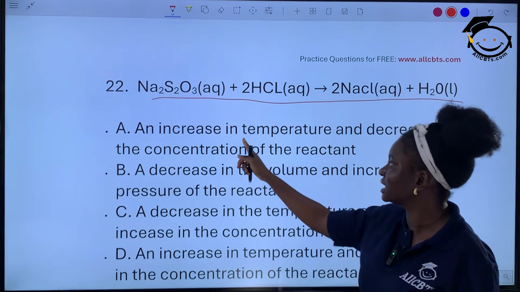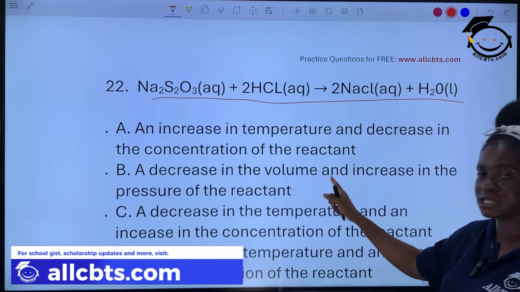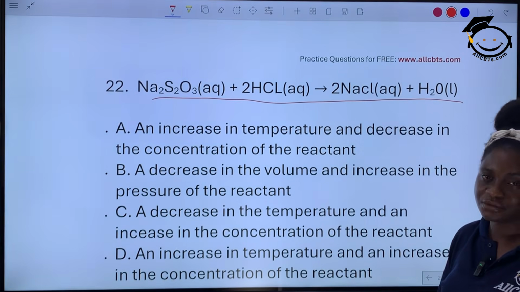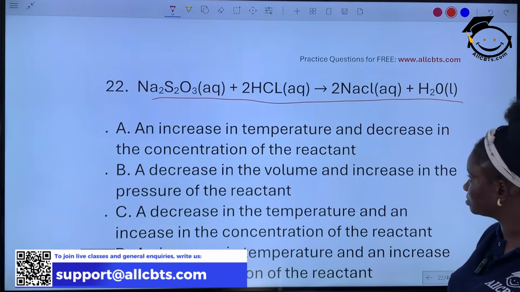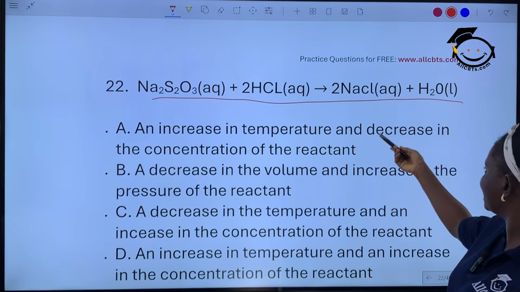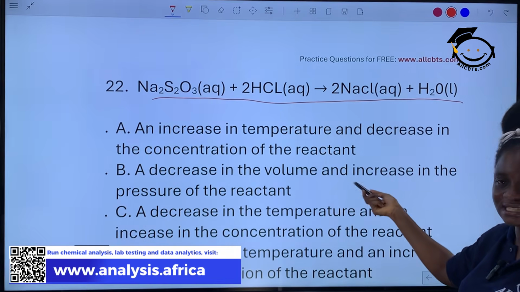So A, an increase in temperature and decrease in the concentration of the reactant. Will it affect the rate of a chemical reaction? No.